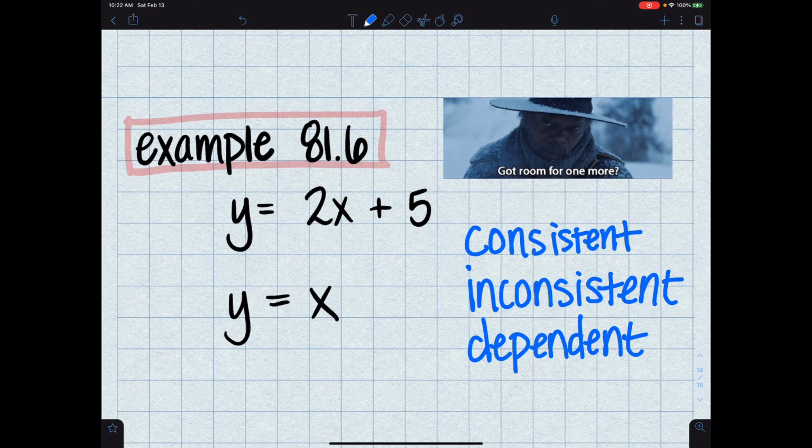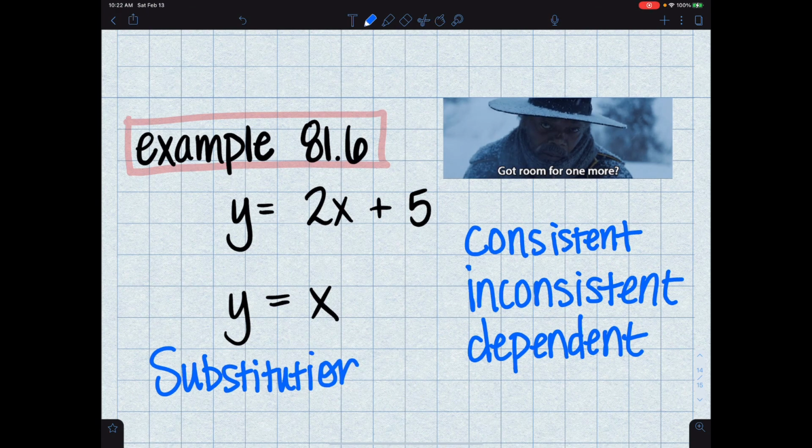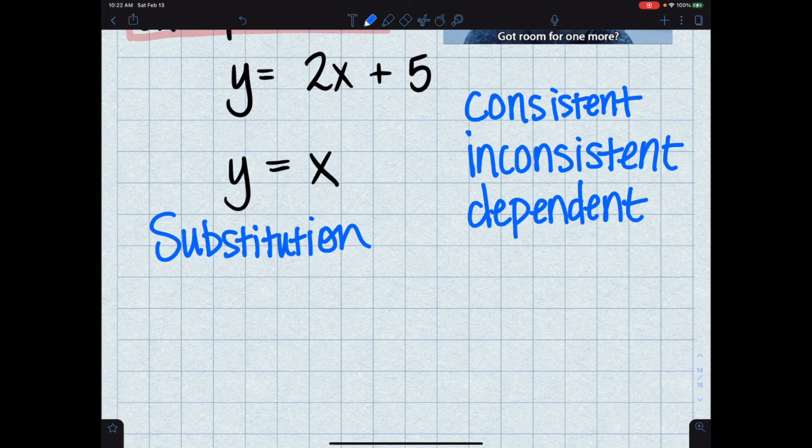So let's solve this, and you can decide whether you want to do it with the substitution method, elimination method, or the graphing method. As I look at these equations, it's going to be easy to substitute x in for y. So I'm going to use the substitution method, but you could use substitution, elimination, or graphing, okay? Since y is equal to x, I could just cross out that y and put x is equal to that and see if I get a true statement or a false statement.